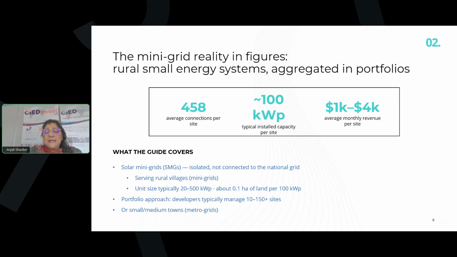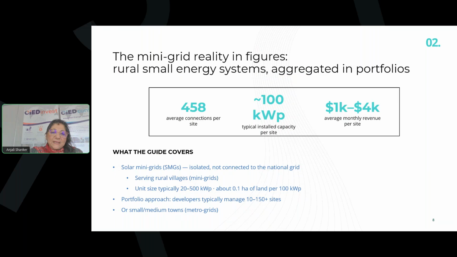Now, obviously, when we talk about scaling up and when we look at the transaction costs of the donor community and the international finance community, one has to move towards a portfolio approach. When we look at the reality today, developers would typically manage 10 to maybe 150 sites. But as Gabriele said, we did extensive stakeholder engagement with the support of ARE, reaching out to all of ARE members.